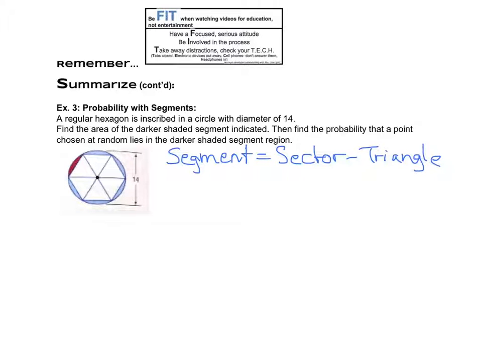So the sector, since we do have a regular hexagon, we know is 1/6 of the circle, because that central angle is a 60-degree angle out of 360. And with the measure that we have there, we know that the radius, if the diameter is 14 of that circle, the radius is 7. So we're going to be taking 60 out of 360 times 49 pi.